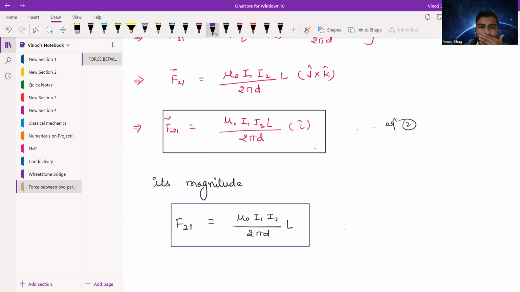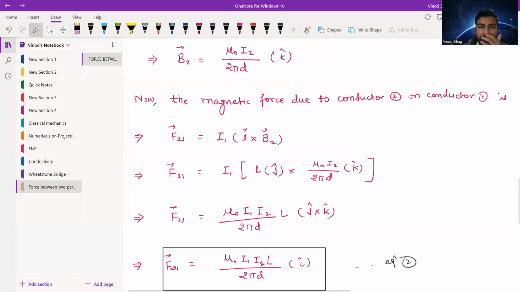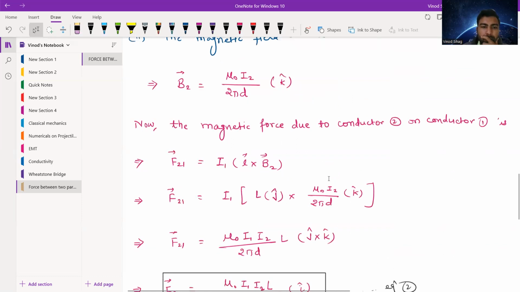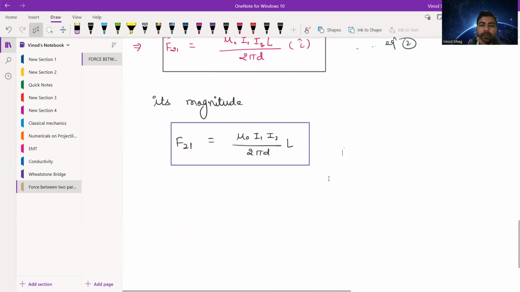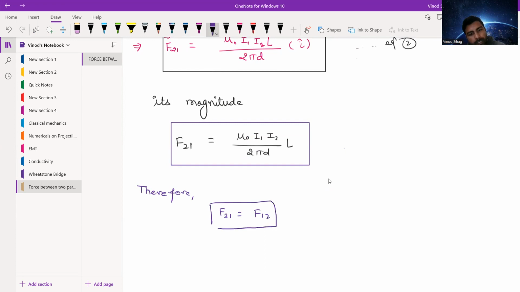Now we can see that the magnitude of F12 and F21 both are same. So magnitude of F12 is mu naught I1 I2 L upon 2 pi d, and similarly F21 is also the same. Therefore here F21 is equal to F12 in the form of magnitudes.